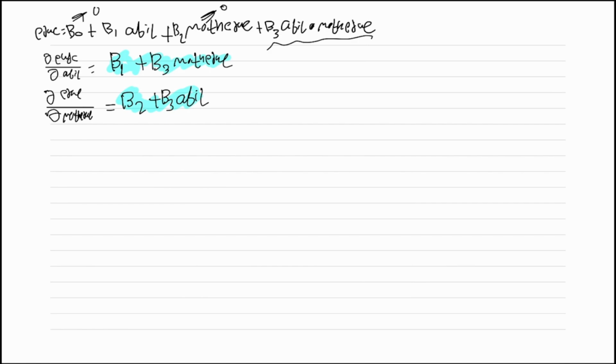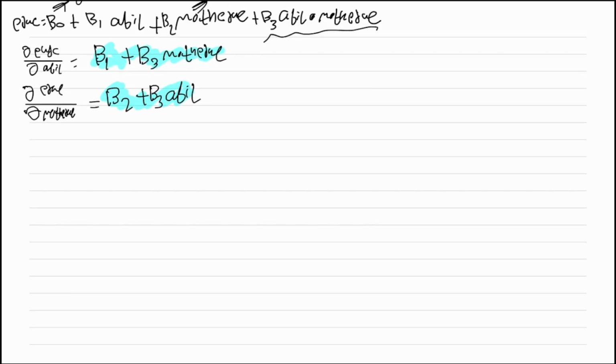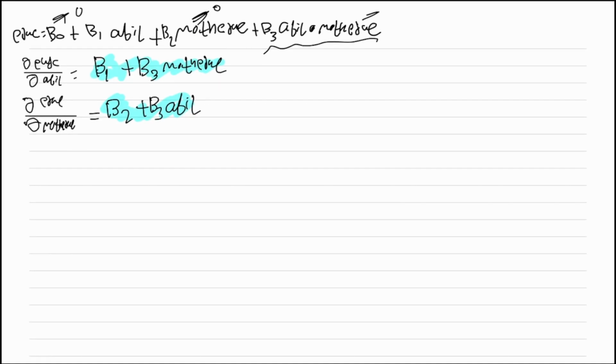Here, mother education is constant and beta 3 is constant. So when we take the derivative with respect to ability, it will leave us with beta 3 times mother education. Let's say this is 4, for example, and this is like 3. So treat it like 12 ability. The derivative of that will remain 12. So the same idea applies here.